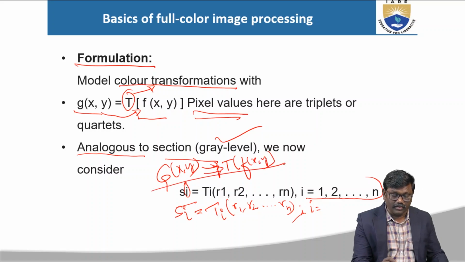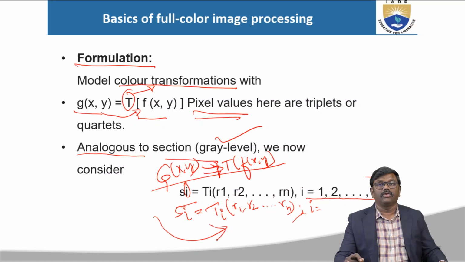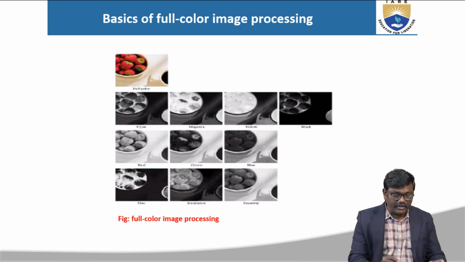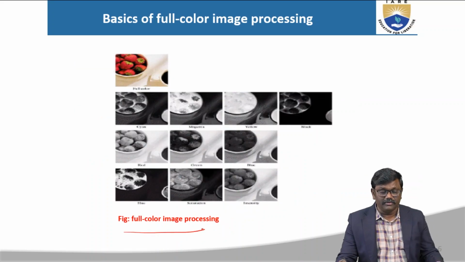How is your transformation done? You concentrate on the formulation, which helps us in an easy manner to convert your grayscale image into a color image. That is what we want to understand as full color image processing.